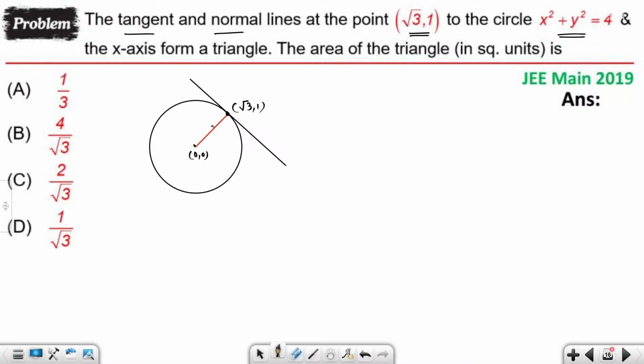So this length is nothing but its radius, which is equal to 2. Yes or no? This is basically the radius. And this is the circle whose center is at origin and radius is 2.